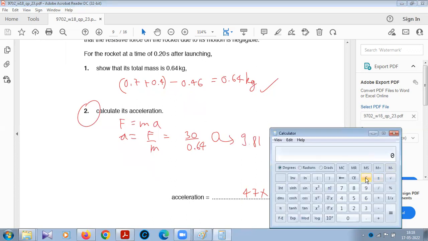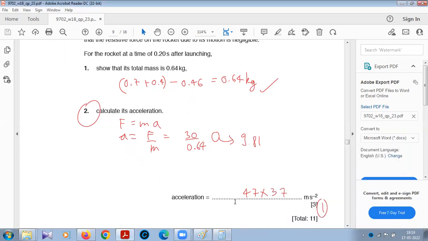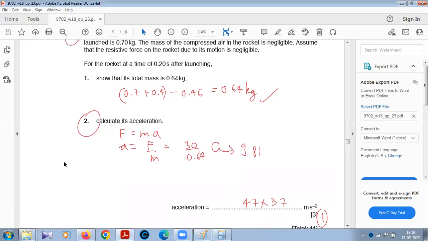Acceleration is equal to force upon the mass. So the force exerted is 30, divided by 0.64. But 47 is the incorrect answer, no? 37 will come.